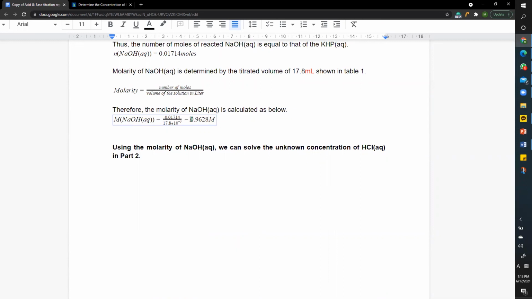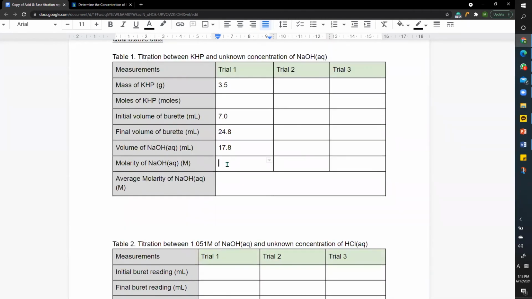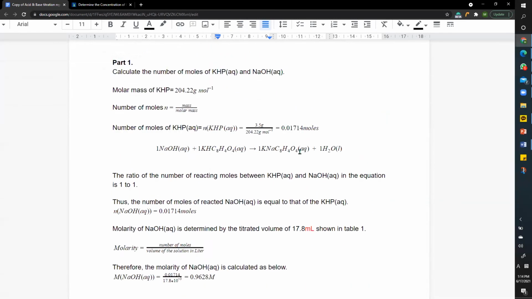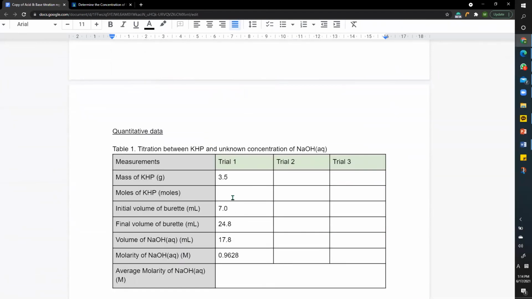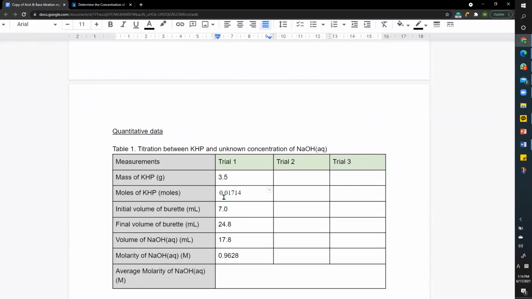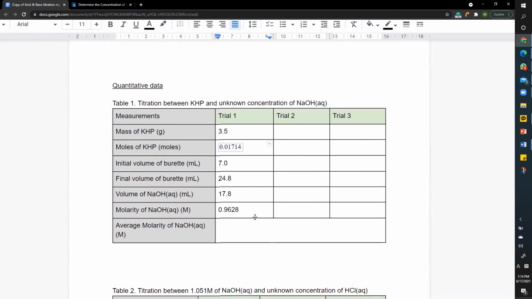And this is right because it is between 0.1 mole and 1 mole. So we can say here 0.9628. Because I used the precise mode, I'm not going to repeat this one again.